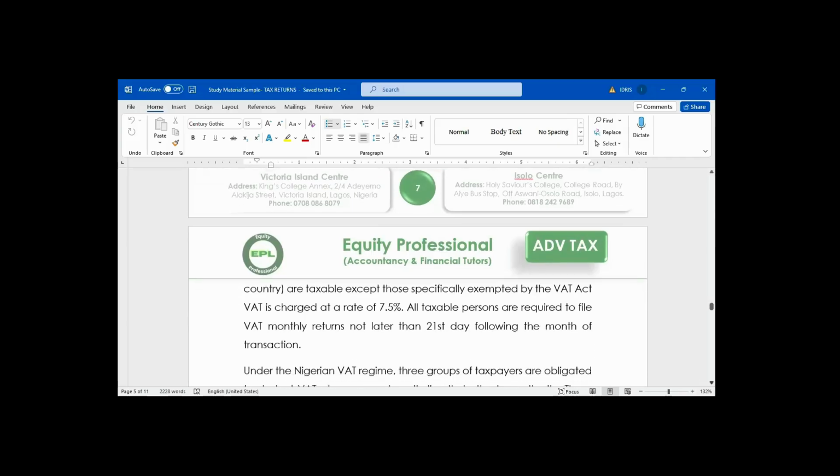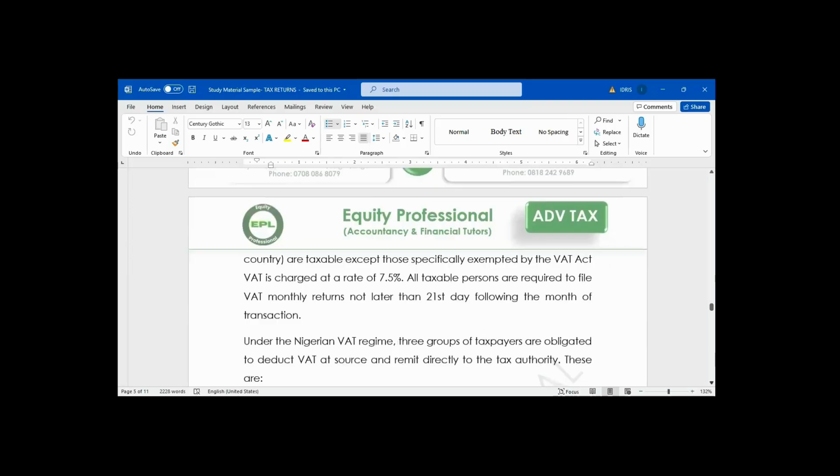Value-added tax return must be filed not later than 21st day of the month following the month of transaction.